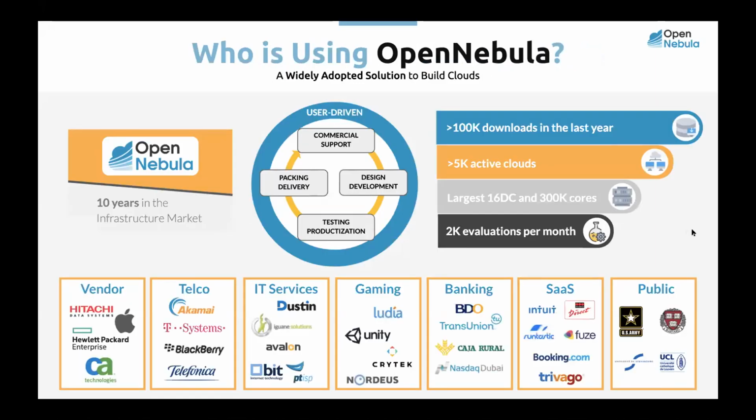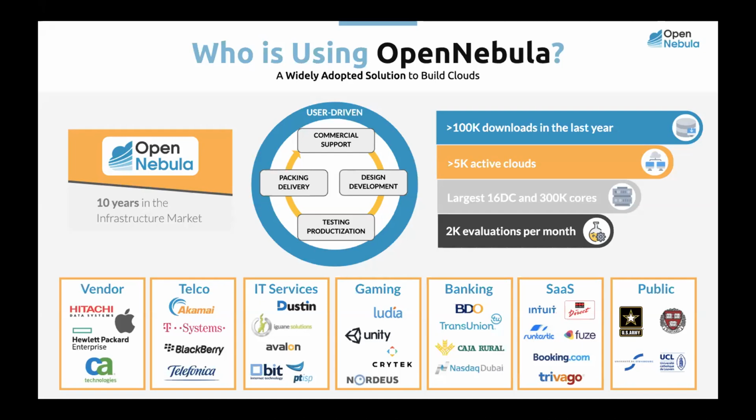Okay, and here, a little bit of history around OpenNebula highlights the fact that it's an open source solution that's driven by a genuine open source project. We have over 10 years of experience developing and bringing infrastructure solutions to market. And OpenNebula has developed over this period of time with a huge influence by our community of users.